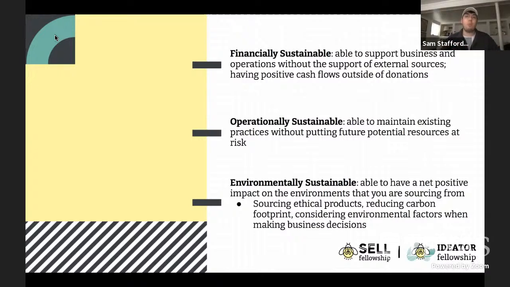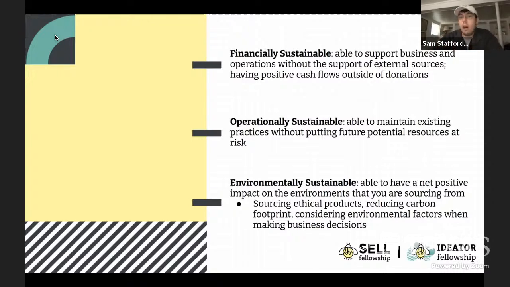They also need to be operationally sustainable, meaning that they're able to exist without putting future potential resources at risk. So using things like unnecessary plastic would operationally make their practices unsustainable. They also need to be environmentally sustainable.